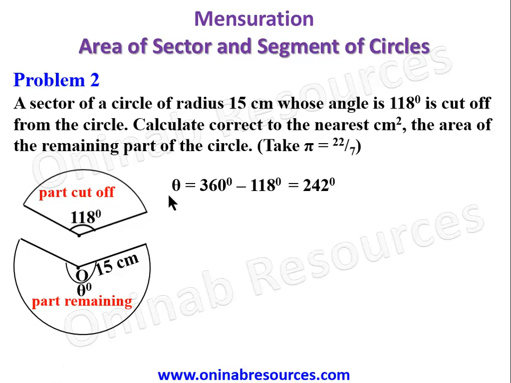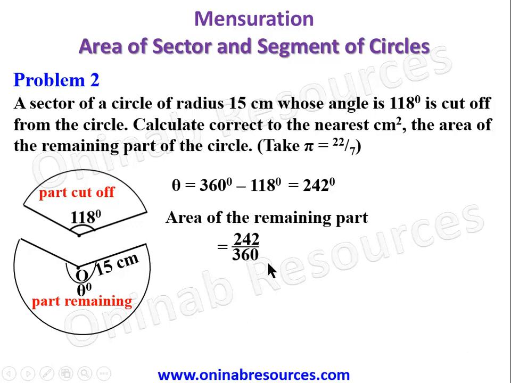From there, we can now find the area of the remaining part of the circle to be 242 over 360 times 22 over 7 times 15 over 1 times 15 over 1. This is theta over 360 pi r squared.